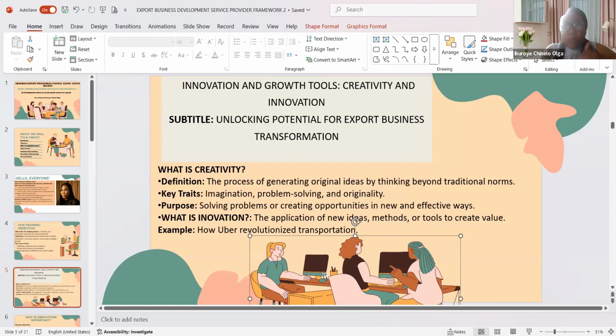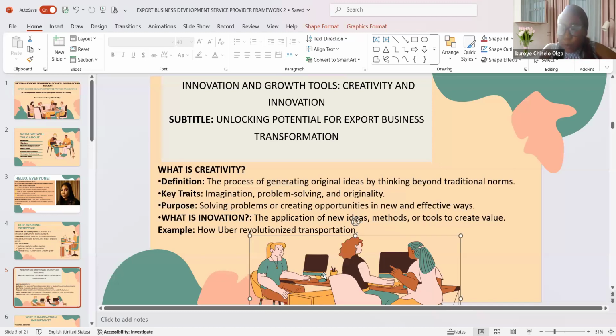It fuels problem solving and leads to fresh opportunities. And innovation is the application of those creative ideas to create value. We should also think about it as a bridge between imagination and action. So I hope we are all there.